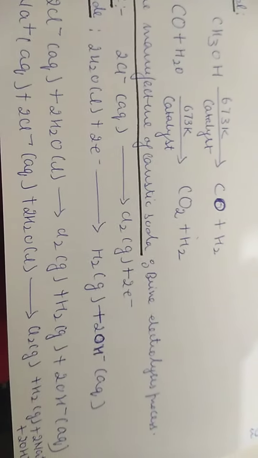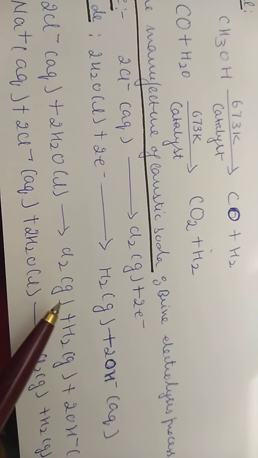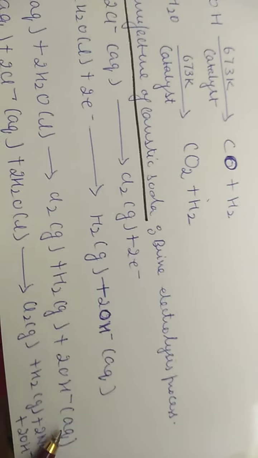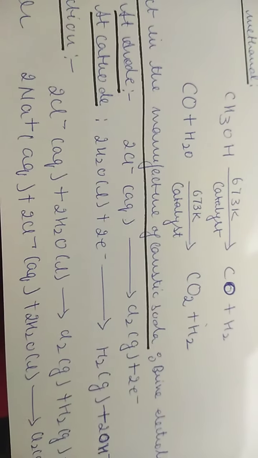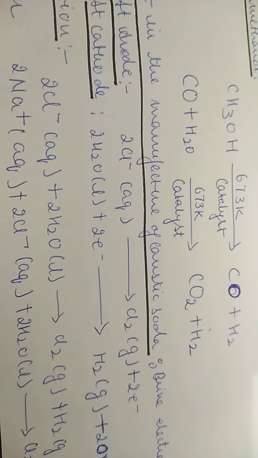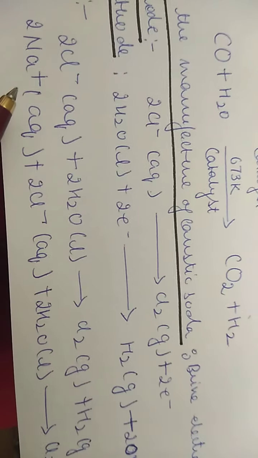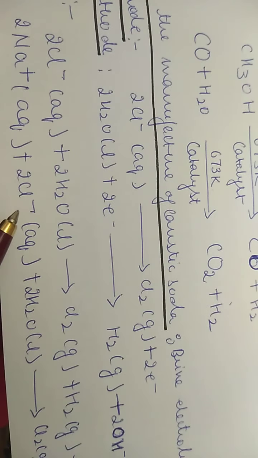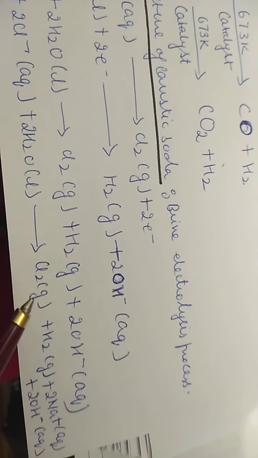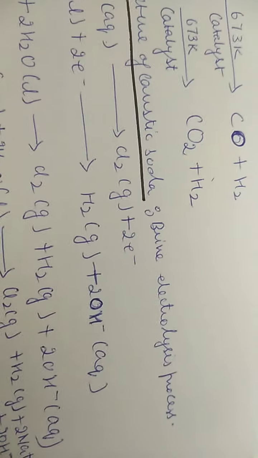If you look at the overall reaction, Cl minus ions and water give chlorine, hydrogen, and hydroxide ions. Since sodium hydroxide and chlorine are involved in this brine electrolysis, in the overall reaction we can add sodium ions in aqueous form, plus chloride ions in aqueous form, plus water, and we will get chlorine, hydrogen, sodium ions, and hydroxide ions.